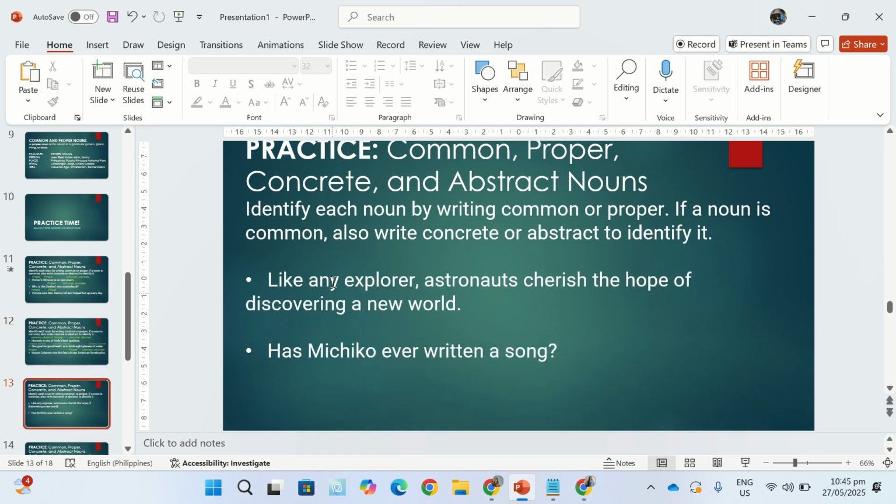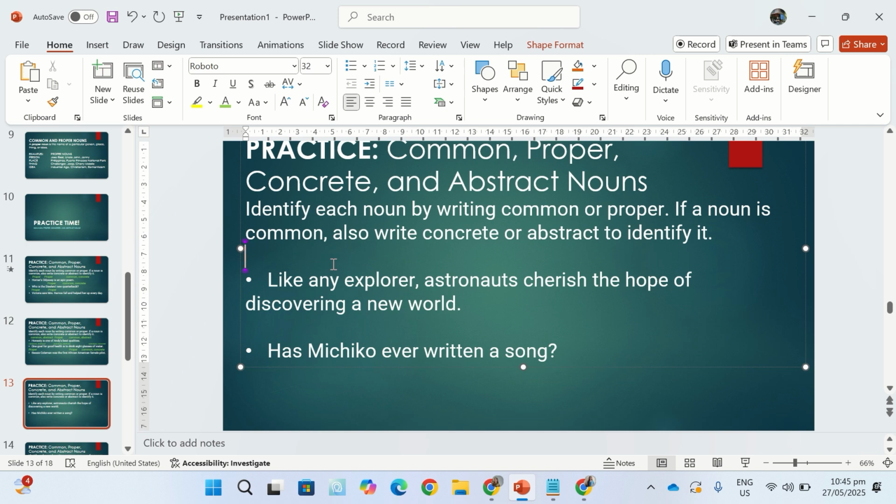All right. Another, like any explorer. Explorer is common and concrete. Of course, we can see them. Astronauts as well, common and concrete. And hope. The hope, what is it?